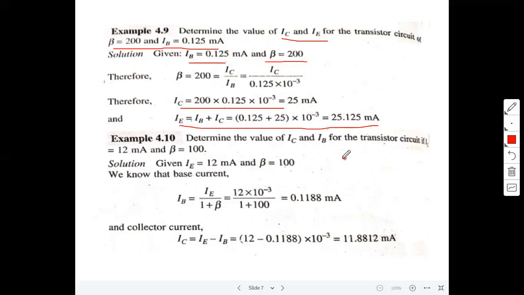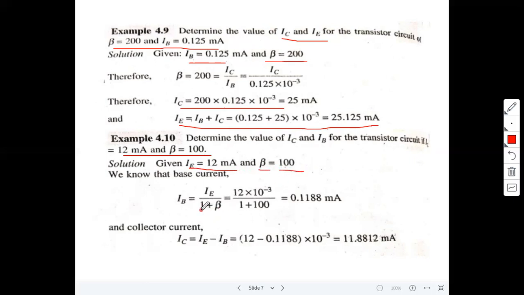Okay, here in this case, determine the value of IC and IB for the transistor circuit if IE is equal to 12 milliamperes and beta is equal to 100, sorry, 100. Given IE is equal to 12 milliamperes, beta is equal to 100.